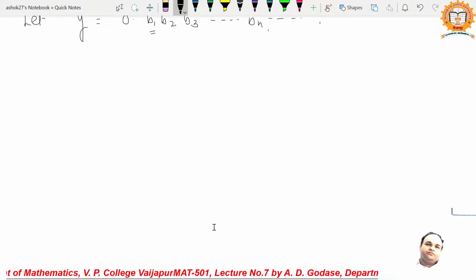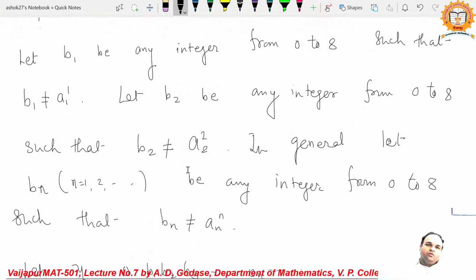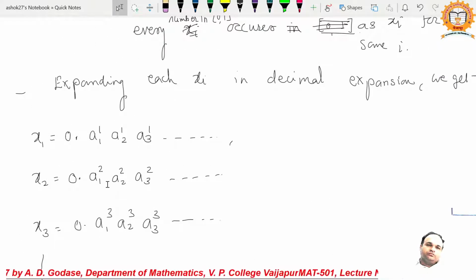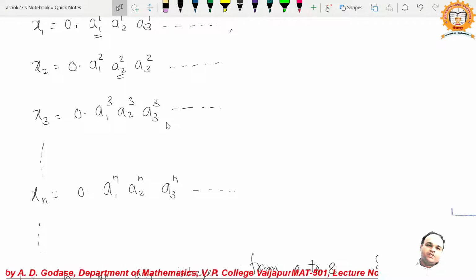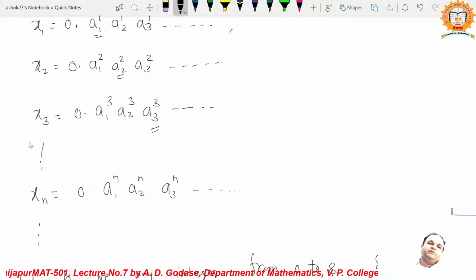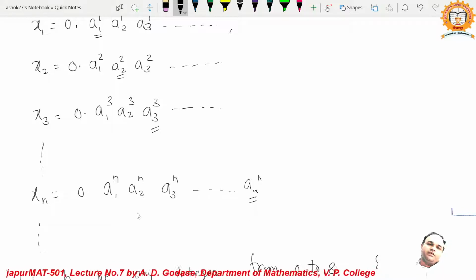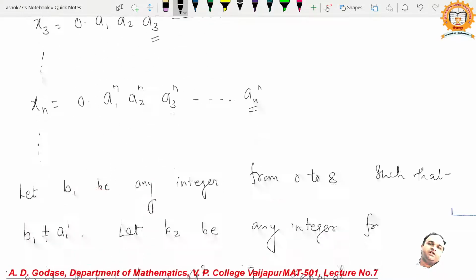The second digit of y, that is b2, is different from a22, therefore y is different from x2. Similarly, b3 is different from a33, and therefore y is different from x3. Similarly, bn is different from ann, and therefore y is different from xn, and you can continue this process.